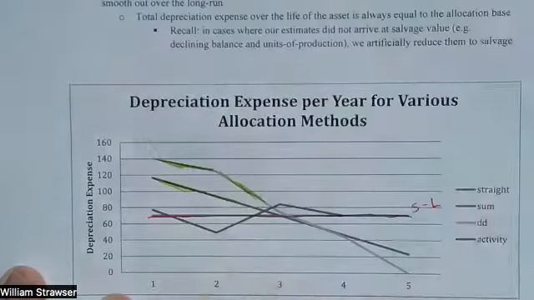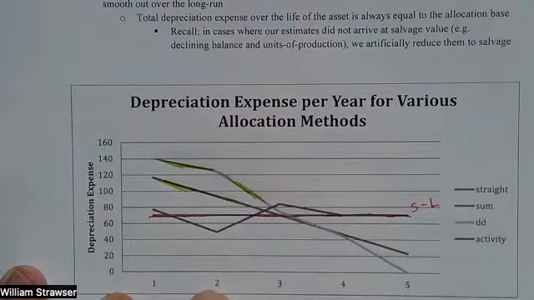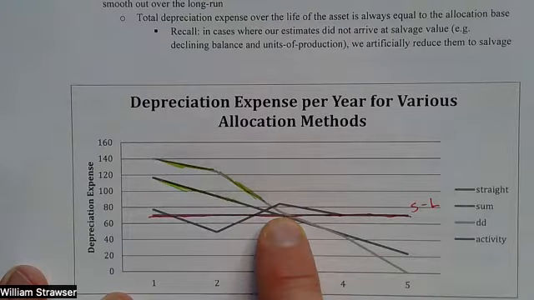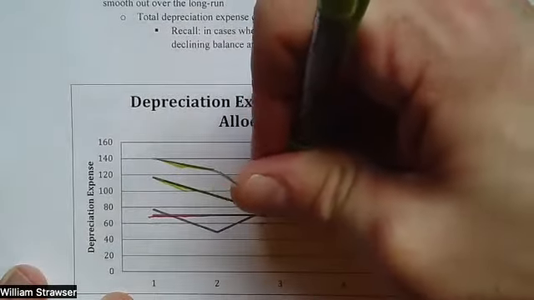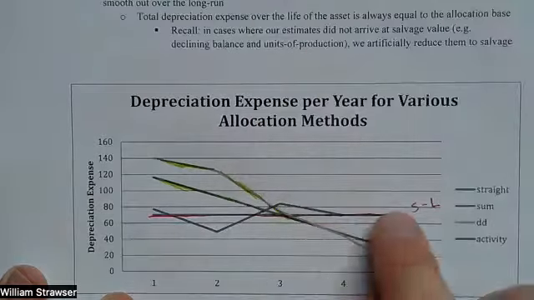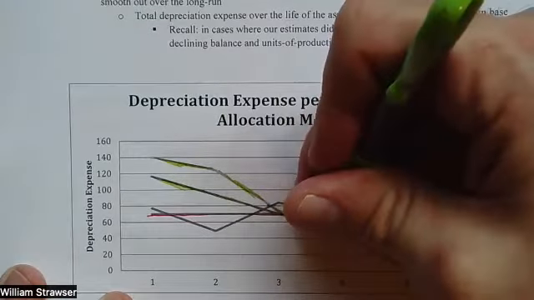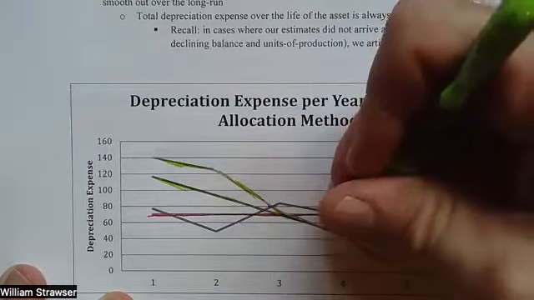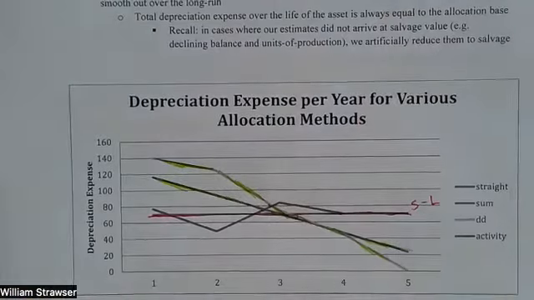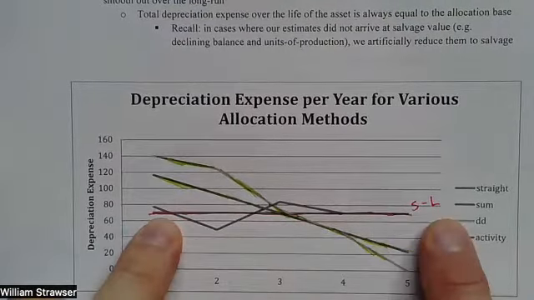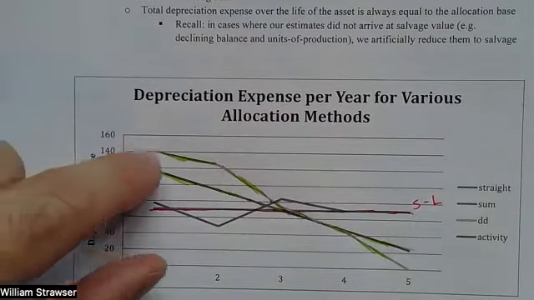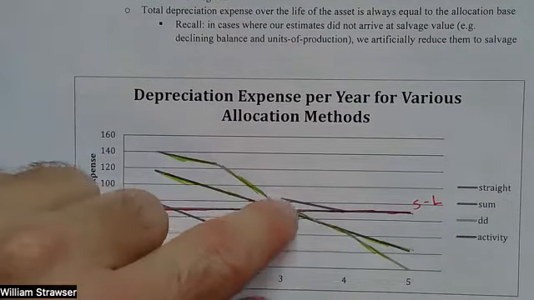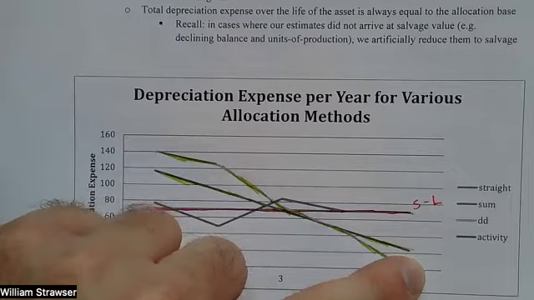Because notice in years 1 and 2, and it's not until year 3 that their depreciation expense crosses over and becomes equal to the straight line. And then in the latter years of the life, they recognize less depreciation expense. So the straight line is the same amount throughout. The accelerated tend to recognize a lot at the beginning and then eventually less than straight line.